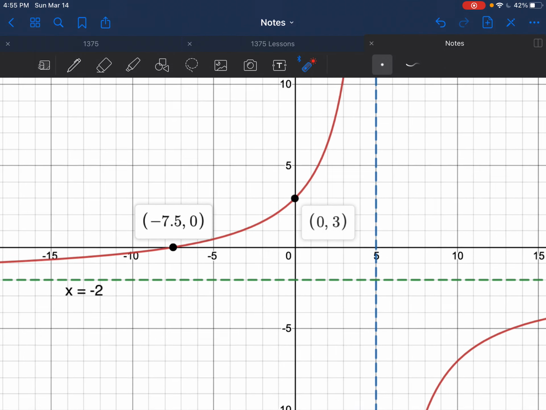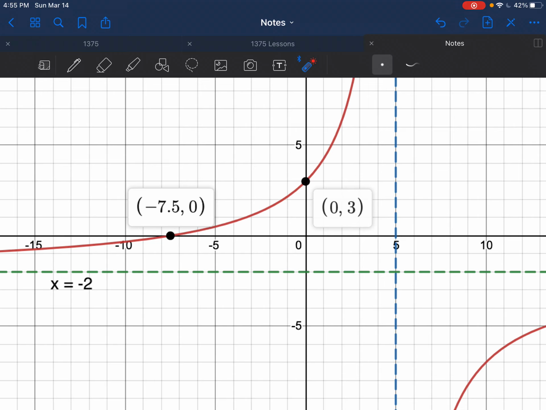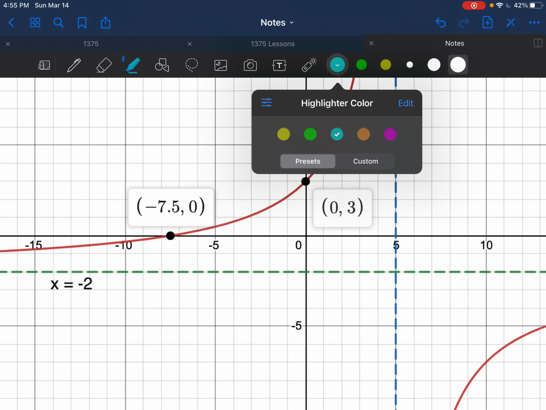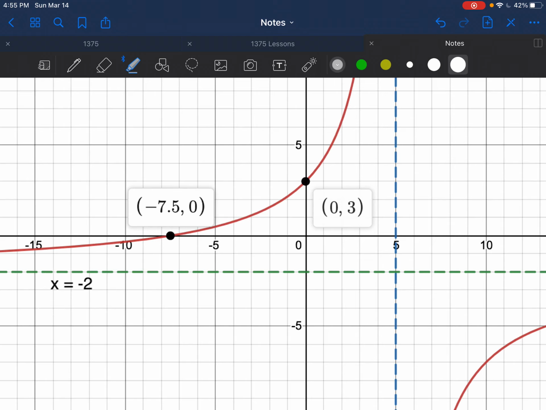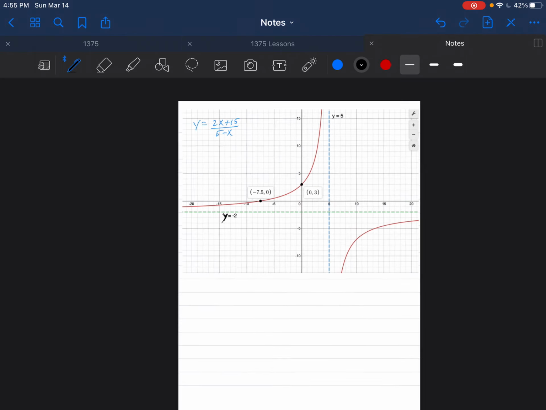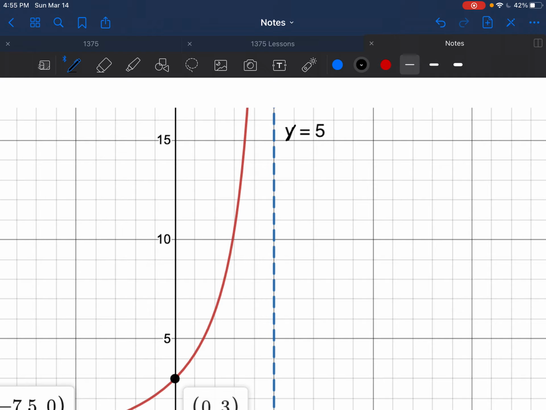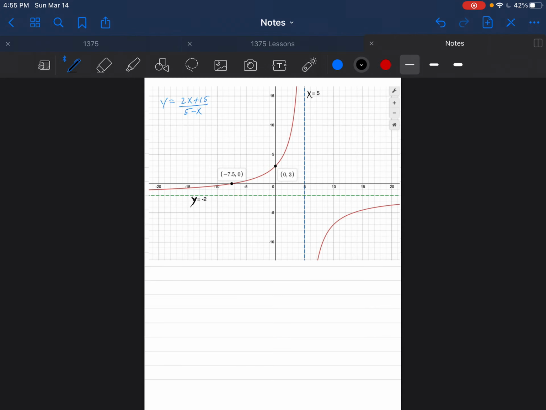This label got messed up. This should say y equals negative 2, and this one here should say x equals 5. All right, so now it's fixed.